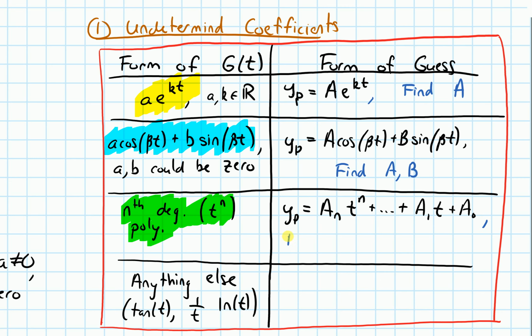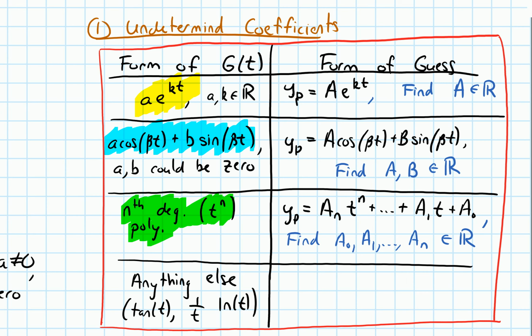In this situation, we'd be trying to find these coefficients, a naught, a1, up until an. Let me also mention, these coefficients are real numbers. Here A was real, here A and B were real, and here a naught up until an, they're all real. So we're trying to determine these unknown coefficients.